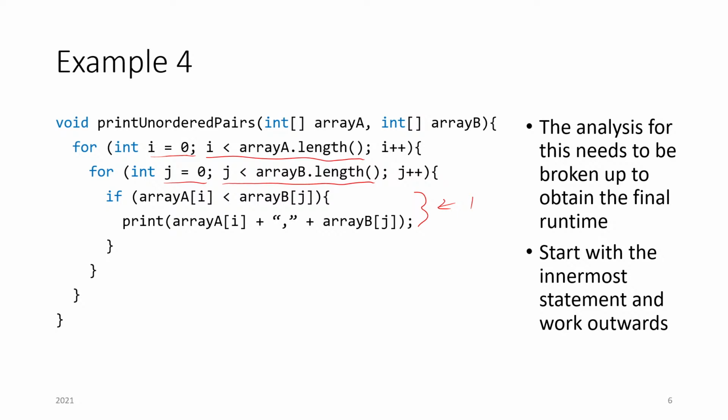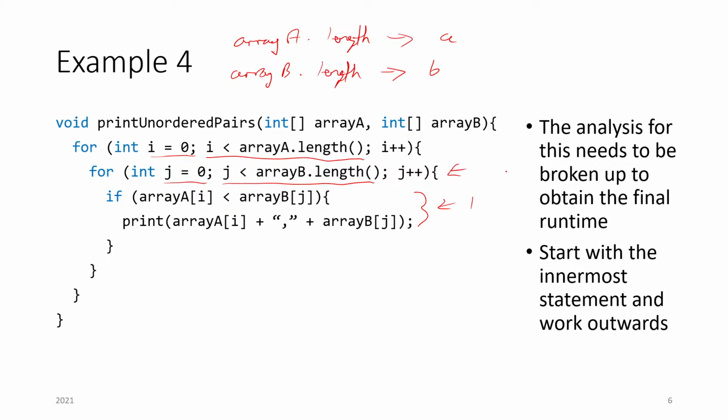Because there's no explicit relationship stated between the lengths of array A and array B, the variables for A and B need to be independent of one another. So we have to say array A's length is treated as A, and array B's length is treated as B. Because we're treating these as A and B instead of in terms of n, since we don't have any explicit relationship between the arrays, the standard rules apply: for nested loops, the orders just multiply with one another.